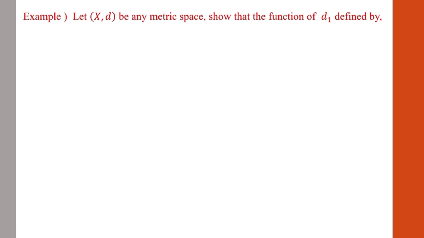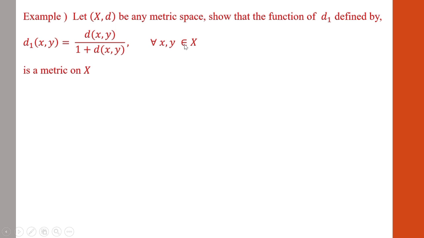Now to show that the function d1 defined by d1(x,y) is equal to d(x,y) divided by 1 plus d(x,y), for all x, y belonging to the capital X, is a metric on X, we have to show that this d1 also satisfies non-negativity, coincidence, symmetry and triangle inequality.